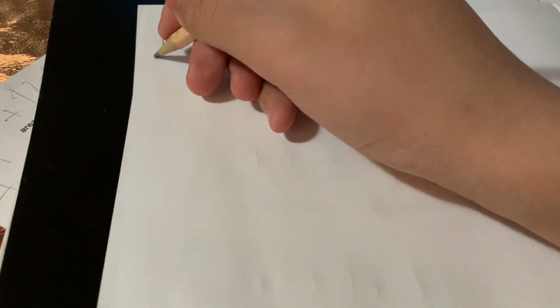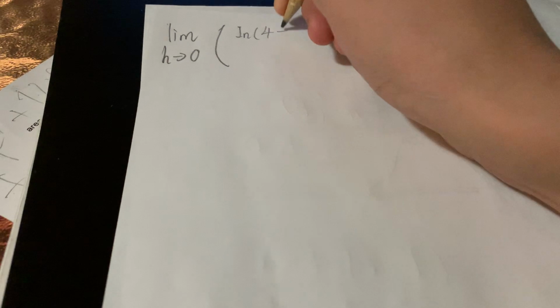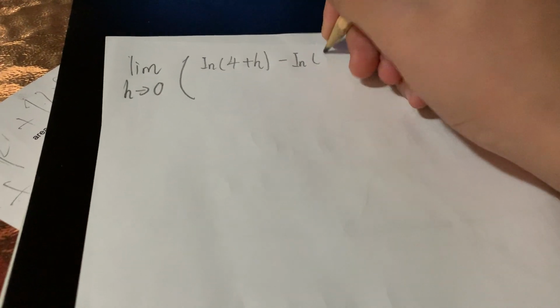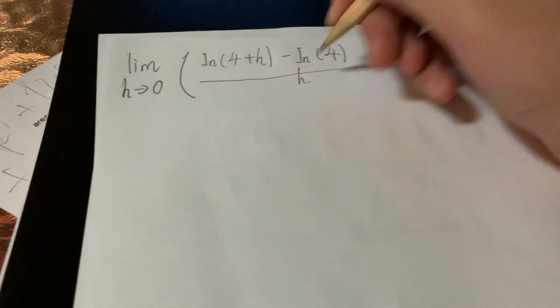Problem 18. Sorry, I'm really stuck at this point. Okay, a famous rule called L'Hopital's rule, which is a mandatory lesson for Calculus AB. So in this case, it should look like this, divided by h.